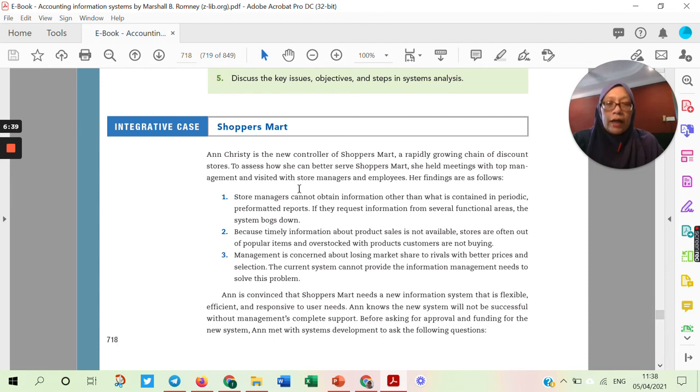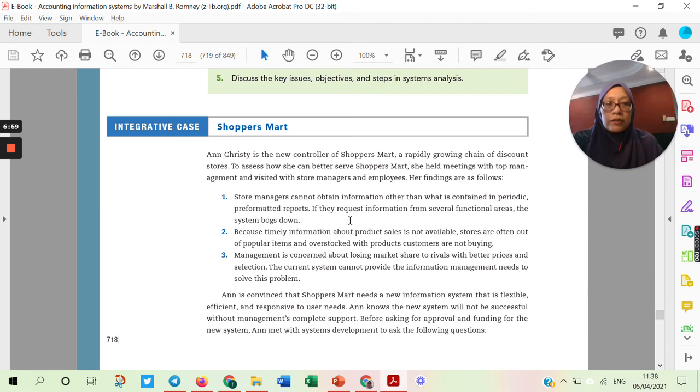Okay, and then Anne found that with the current system, they cannot obtain information other than what is contained in the pre-formatted reports. If they want to request information from several functional areas, the system bogs down.